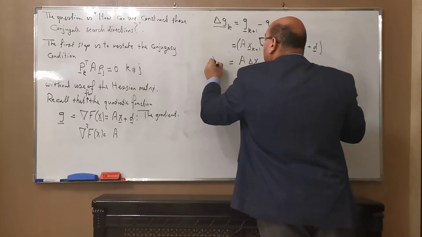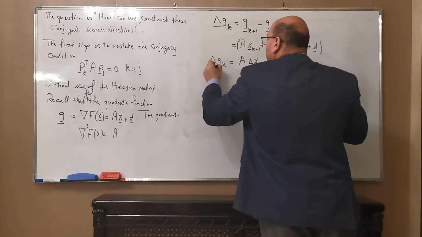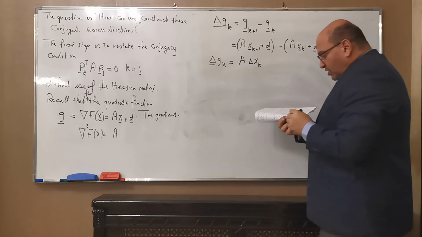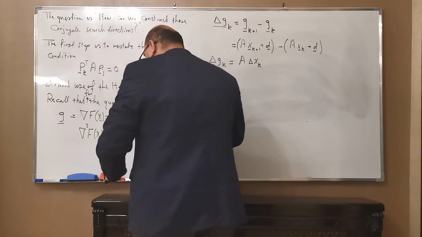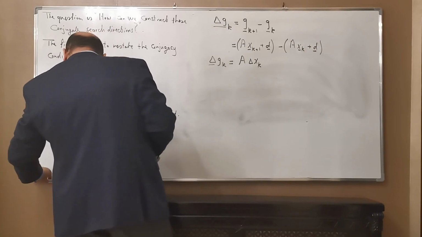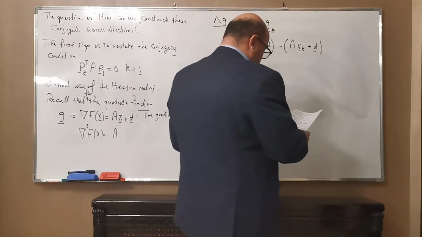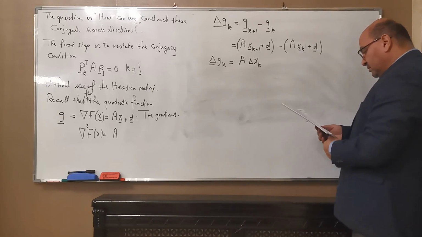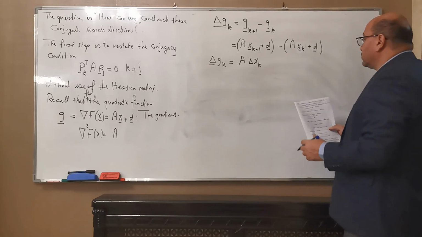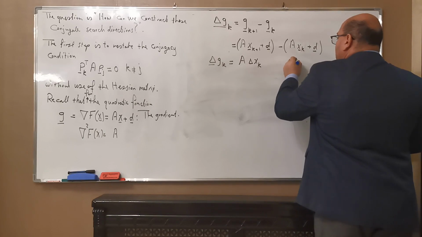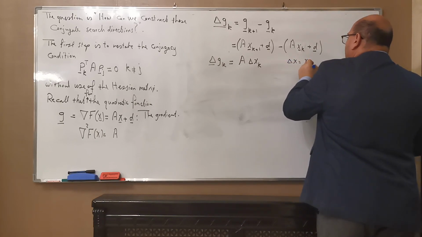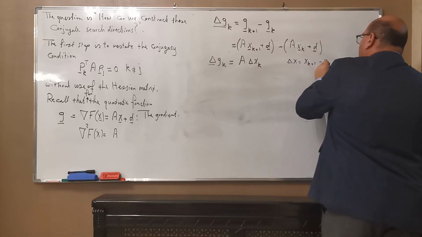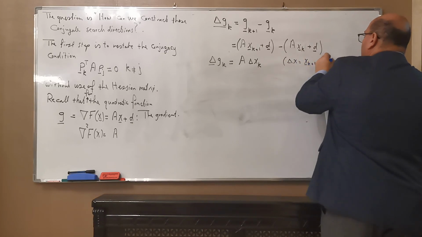This is equal to delta g sub k. So delta g of k is equal to the Hessian matrix times the step in x, where delta x is equal to x of k plus 1 minus x of k. Okay?